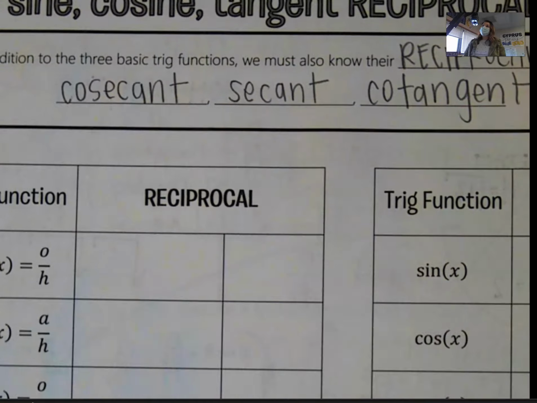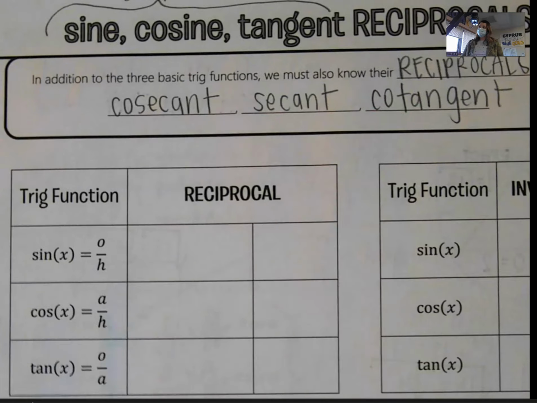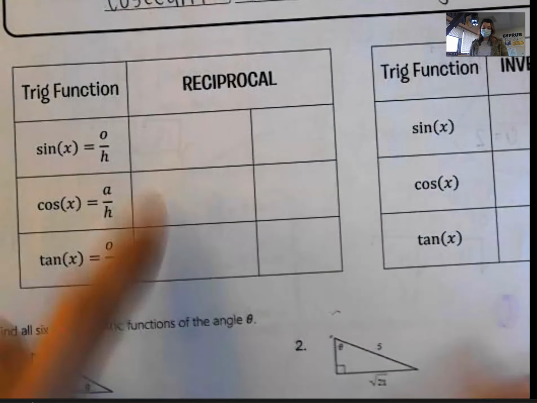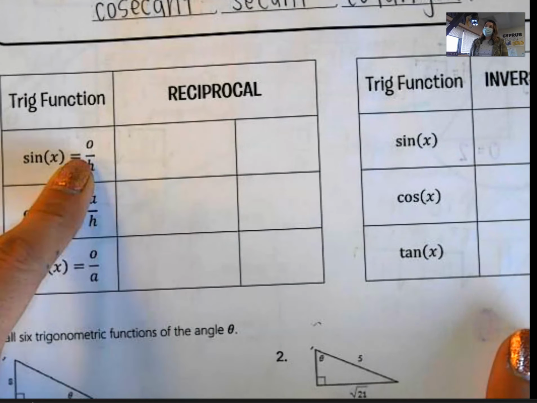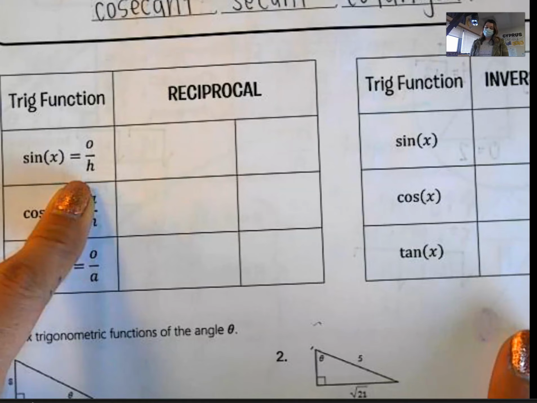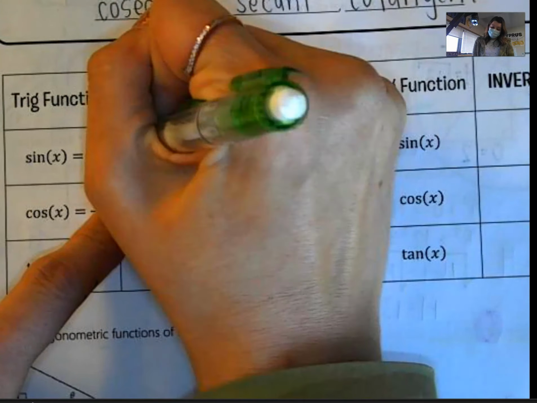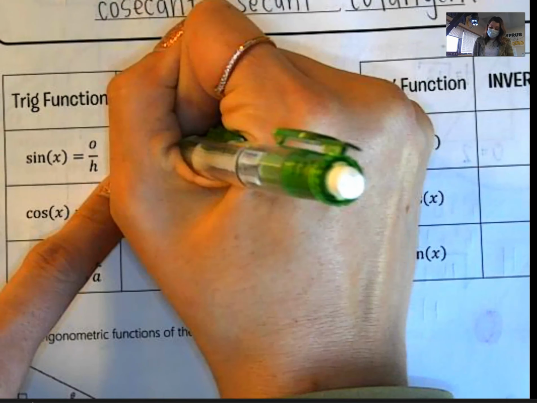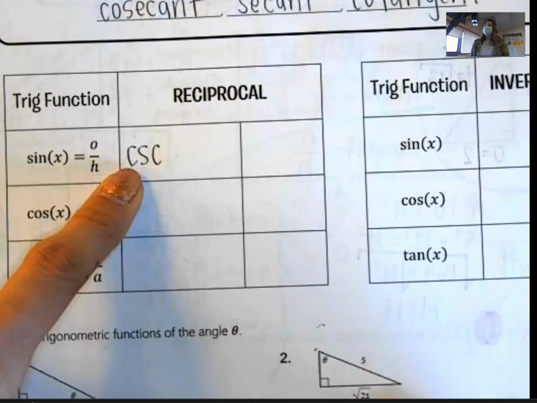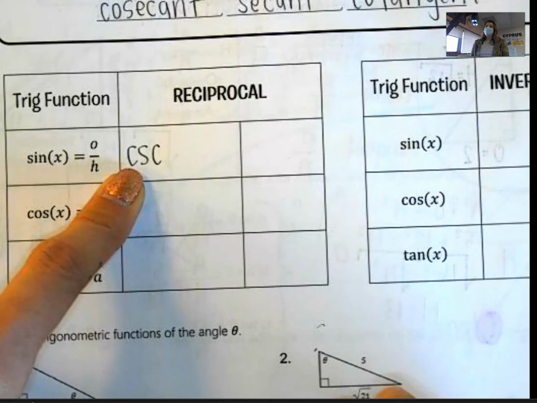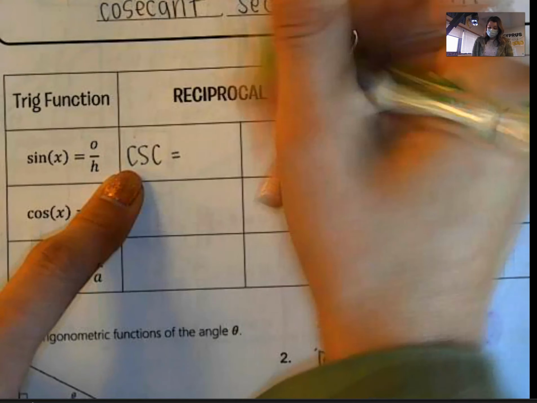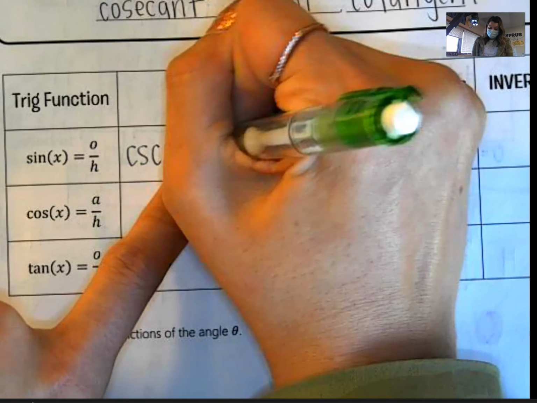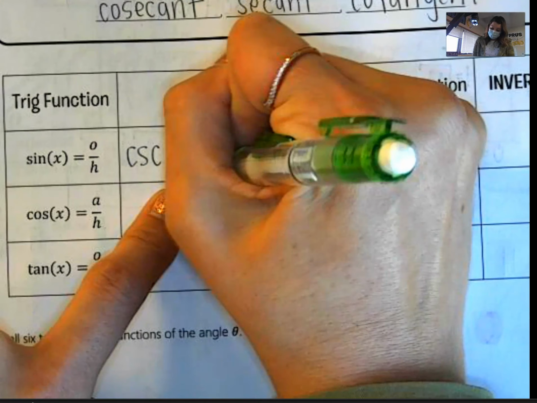Well, what are they the reciprocal of? So first let's talk about what a reciprocal is. Sine, we know, is the opposite side over the hypotenuse. Cosecant, and we abbreviate that with a CSC, is equal to 1 over sine.